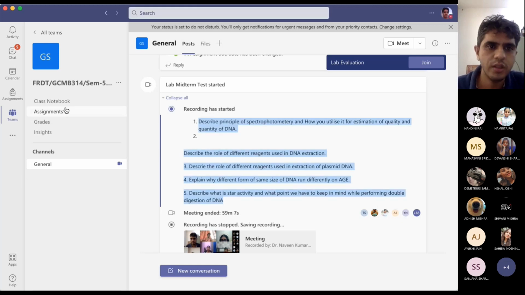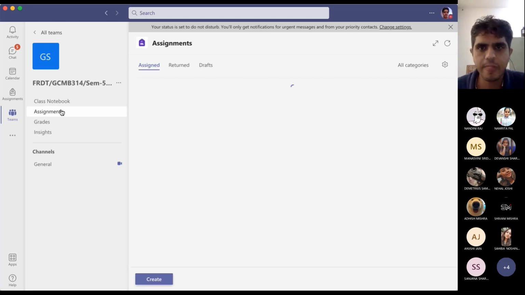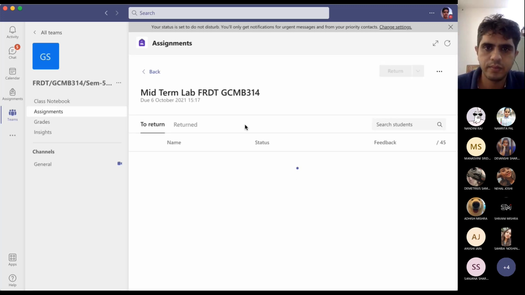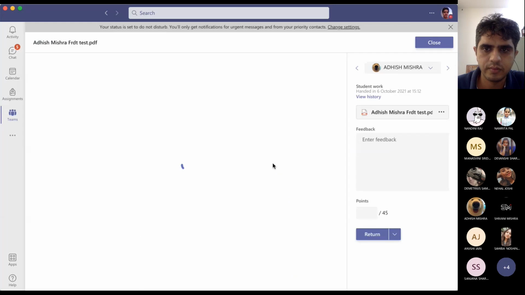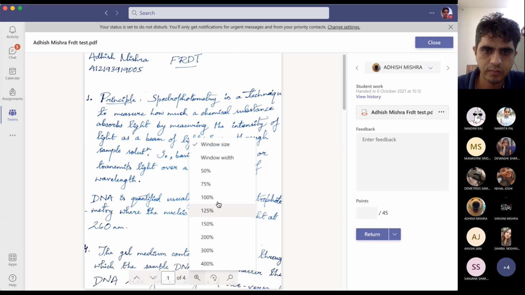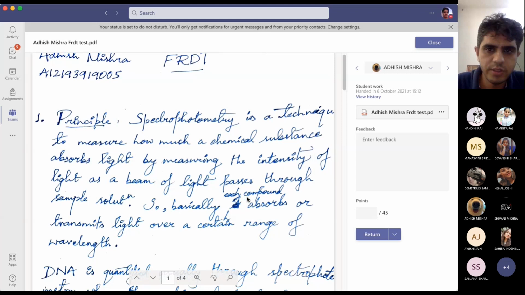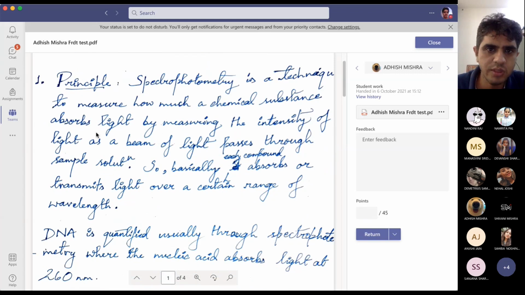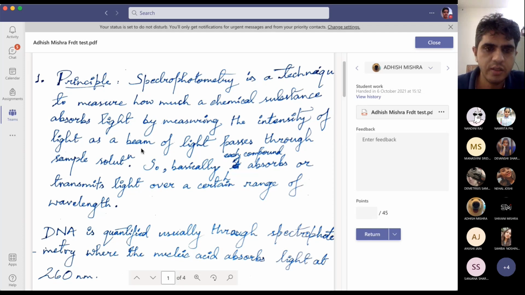Adish's answer: the principle of the spectrophotometric technique measures how much a chemical substance absorbs light by measuring the intensity of a beam of light as it passes through a sample solution.